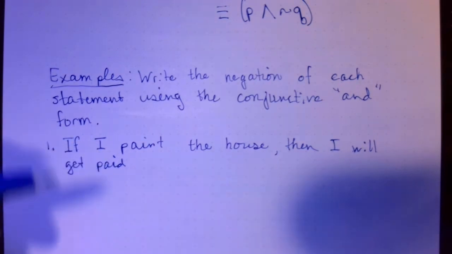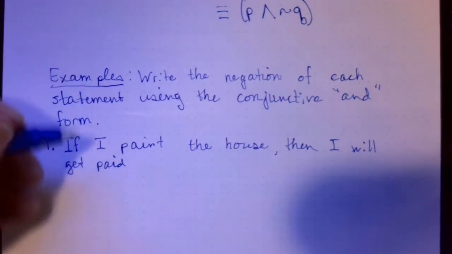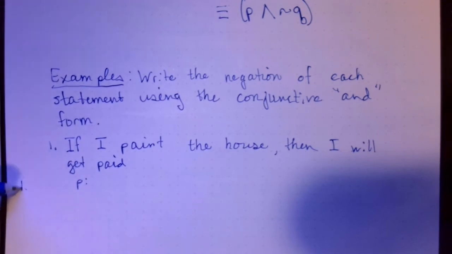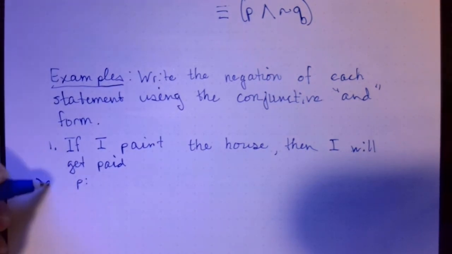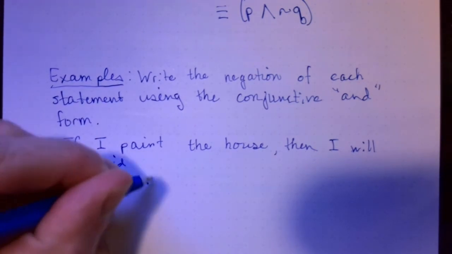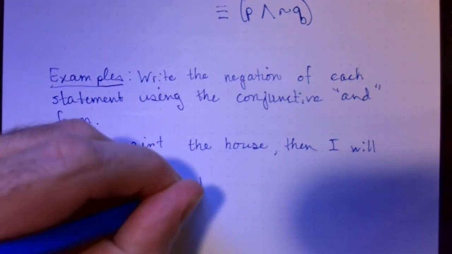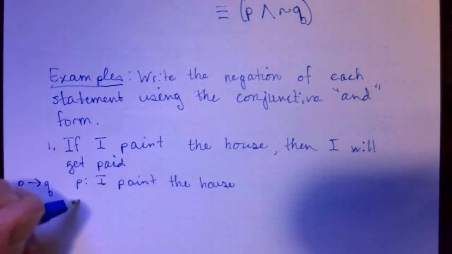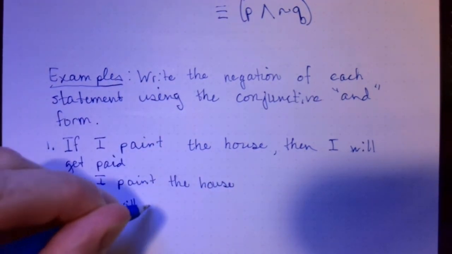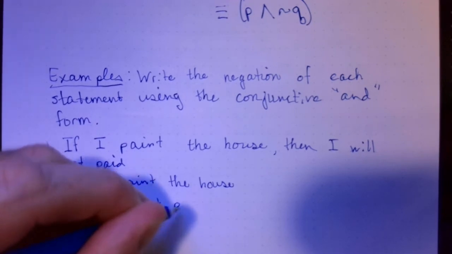If I paint the house, then I will get paid. So this is a statement of the form if P then Q, where P is I paint the house, Q is I will get paid.